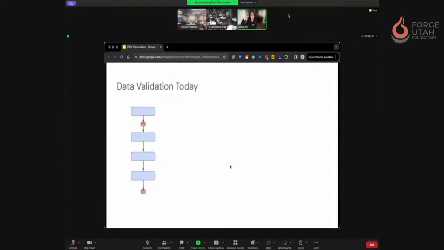Some of it is passing data to each other in memory, and sometimes it's dumping data to disk while it's running. So data validation happens as a side process altogether. It's really decoupled from the data pipeline execution. These validators are just put on these data assets, and they're run at some regular cadence to figure out the health of these data assets.